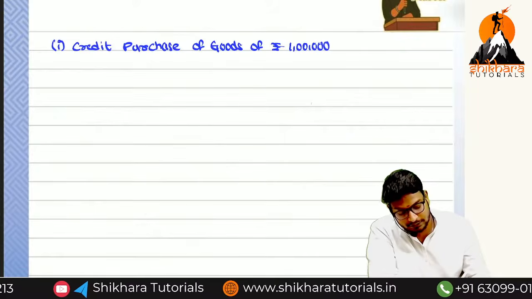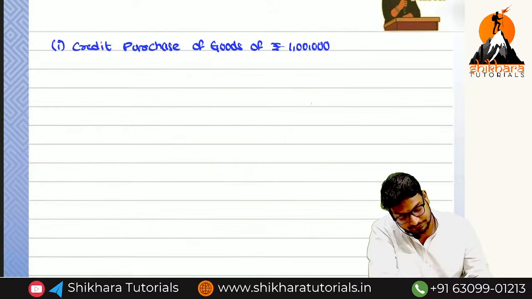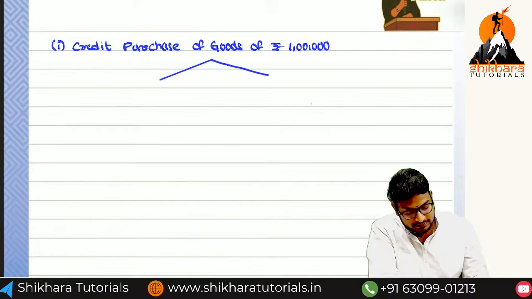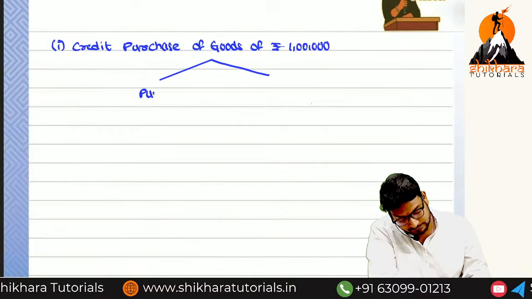Okay, what are the 2 accounts that come into the picture? Nothing but purchase and creditor.